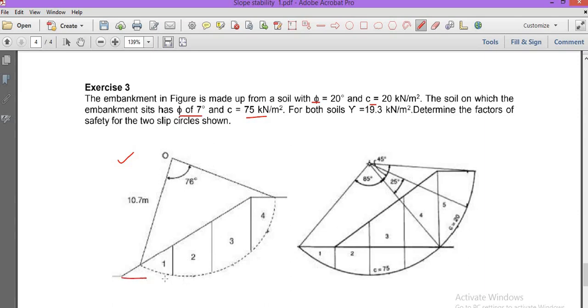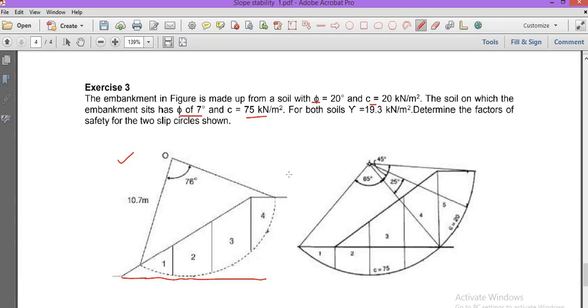This is the embankment. Both these figures represent the same embankment, but one slip circle is beneath the embankment, beneath the hard surface, and the other one is different. So this one is a deep or base failure. This one is a face failure.